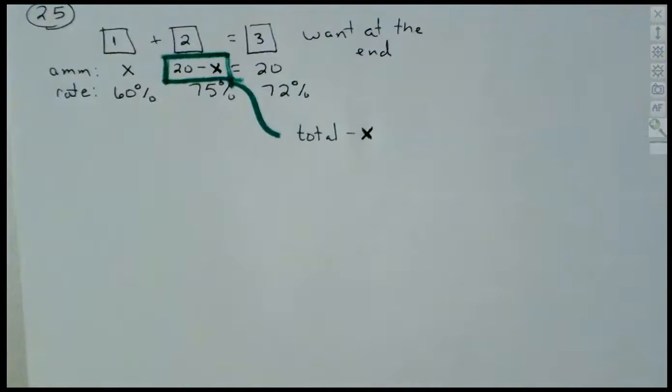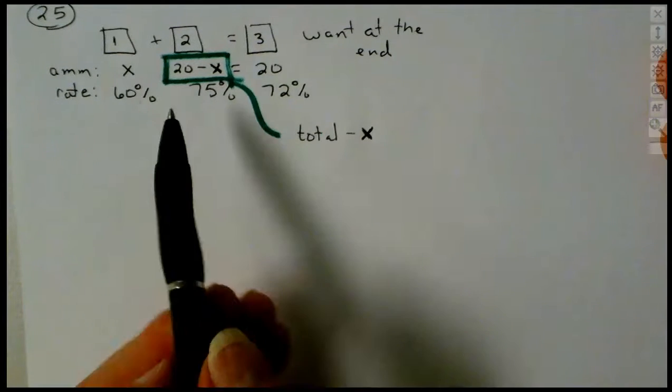It's always going to be the total minus x, because that's like figuring out how many gallons of gas are left in the car. If I go to the gas station and my car holds 15 gallons of gas and I have to put in 11 gallons to fill it up, I only had 4 gallons in my tank to begin with, right? I subtracted them.